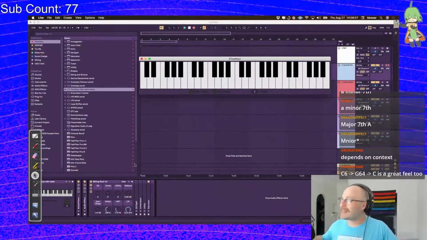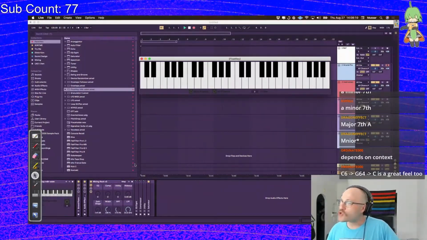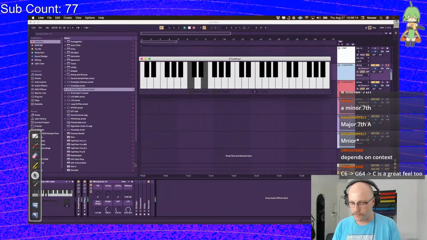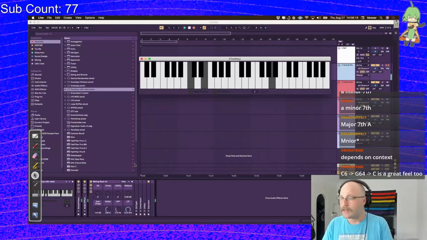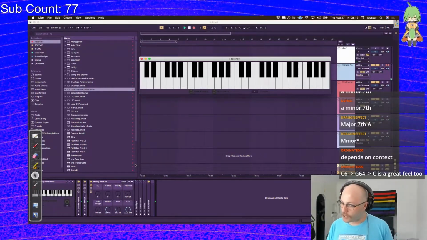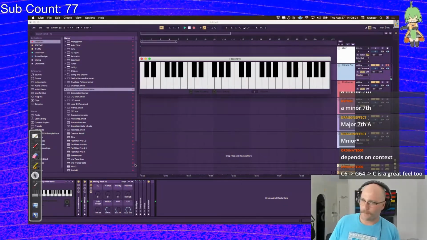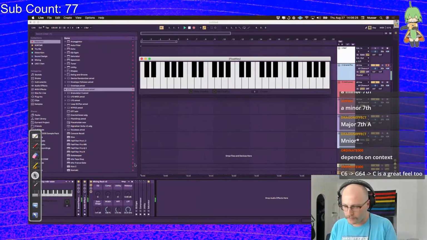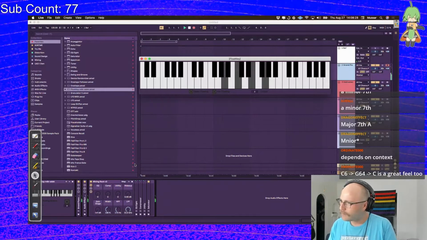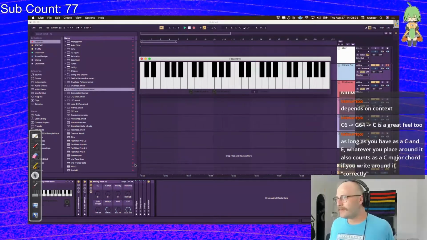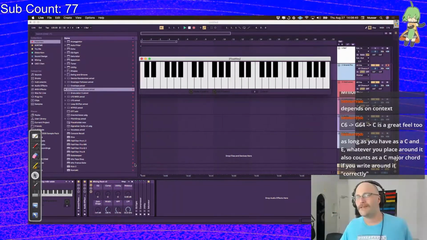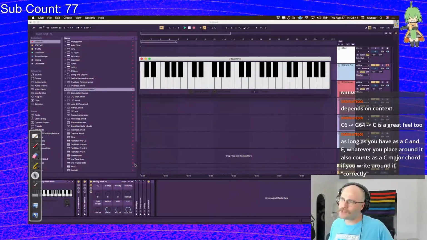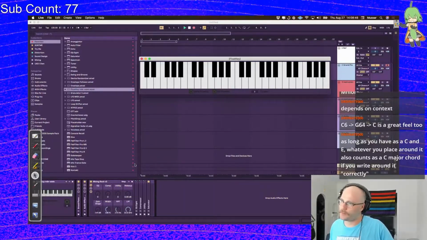We all understand extended chords if you understand how triadic harmony works, how you can go up in thirds to get all of these extra upper tones. But once you combine those two things together, we get this really weird ambiguity.